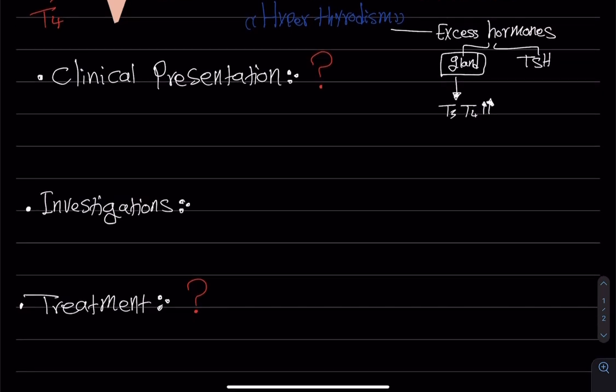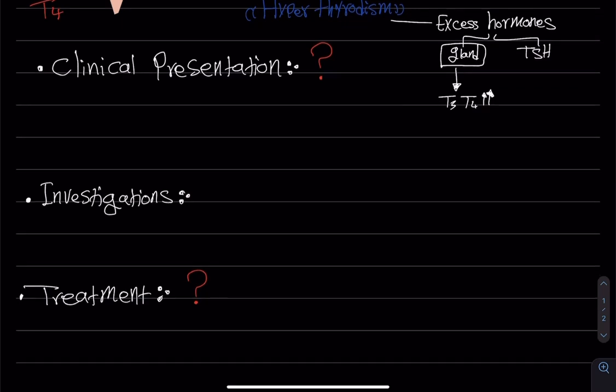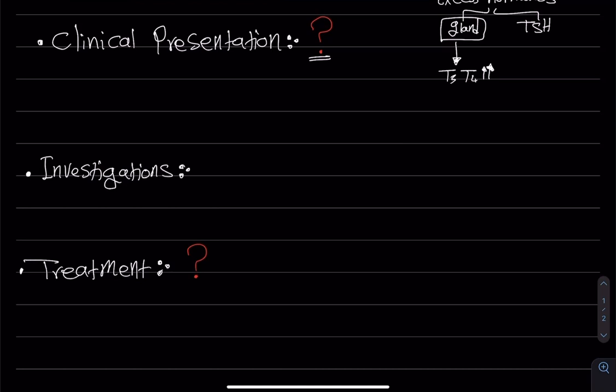But you may ask, how do I know when I need to send a thyroid function test? Sure, a good question. You will send for the investigation whenever there are signs and symptoms of hyperthyroidism. And what are they? Basically, thyroid hormones have a significant role on your sympathetic system.